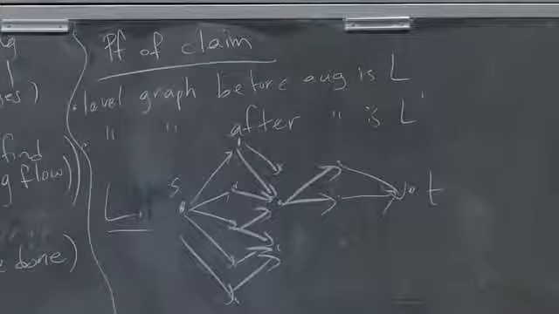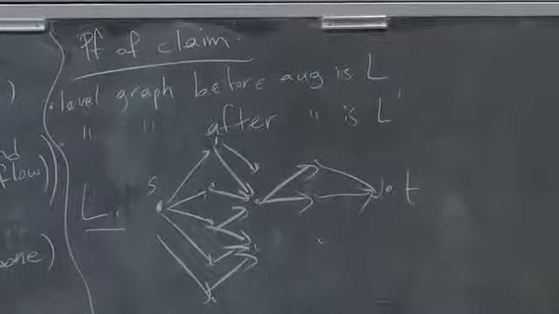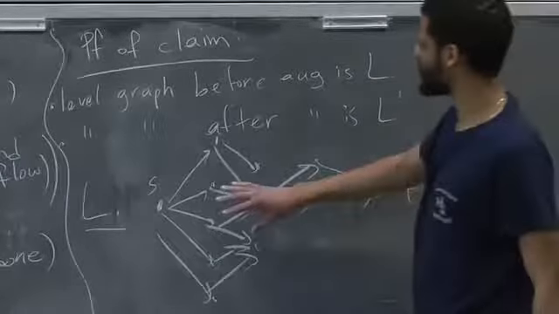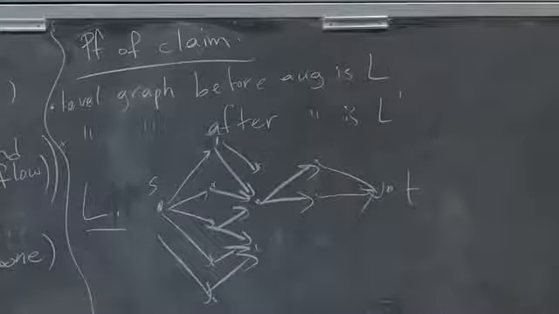And what is a blocking flow? A blocking flow is just some flow that decomposes into a bunch of S-T paths here.